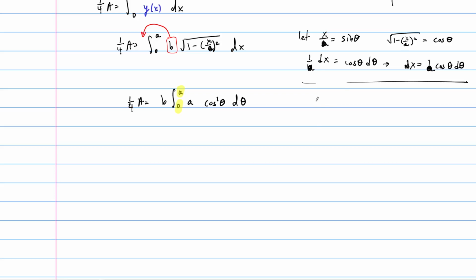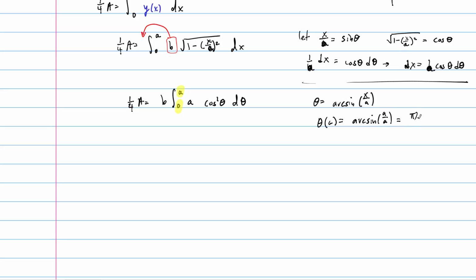So when x is equal to a, we need to rearrange this, right? We need to solve for theta. If we want to do this without going back, theta then is going to be equal to the arc sine of x over a. So theta when x is a is equal to the arc sine of a over a, arc sine of 1.